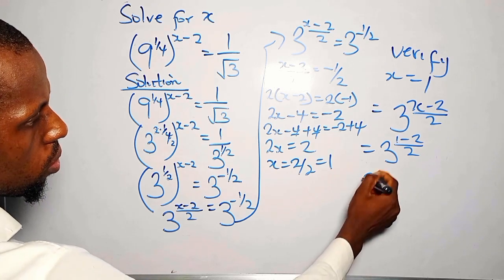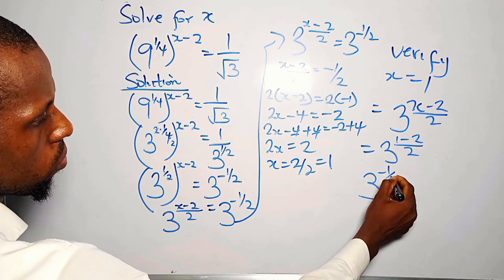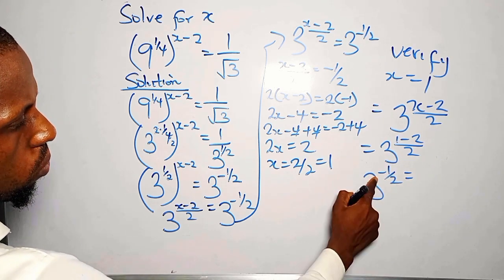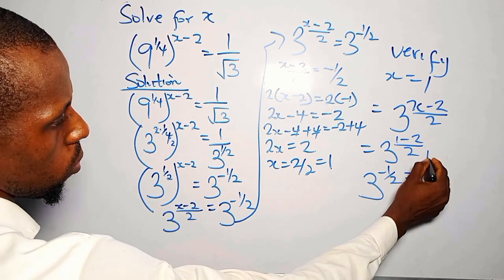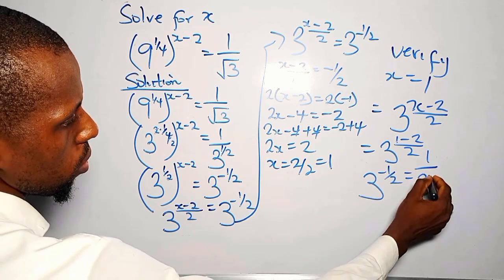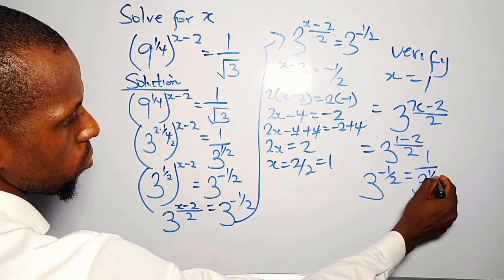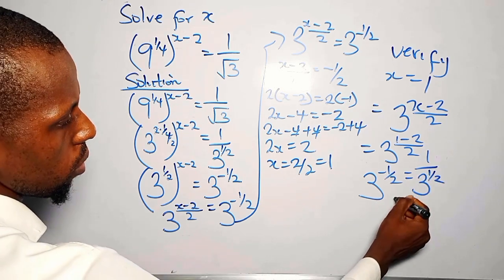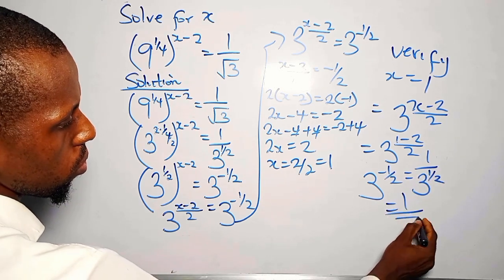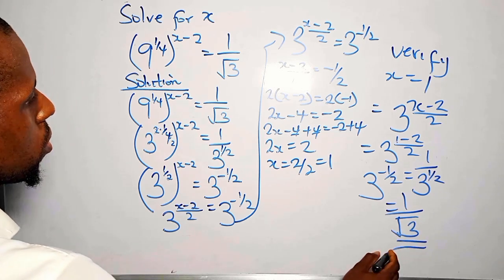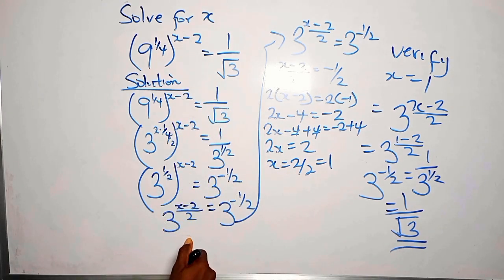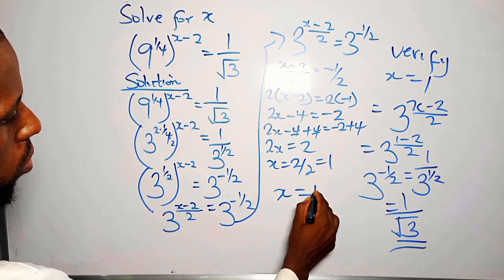So 1 minus 2 is minus 1 over 2. To remove this, we have 1 over 3, sorry, 1 divided by 3 raised to power half. Or we write it as 1 divided by root 3, which is the same thing as this. So that means the value of x is 1.